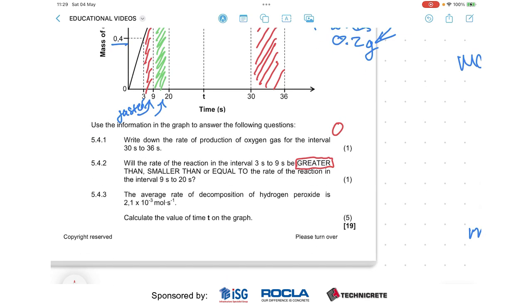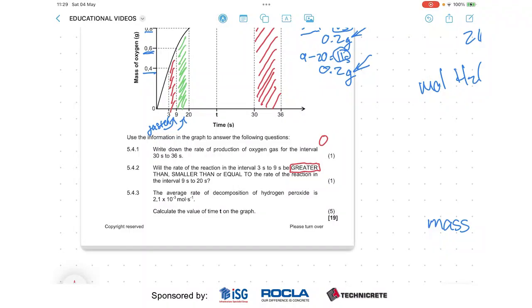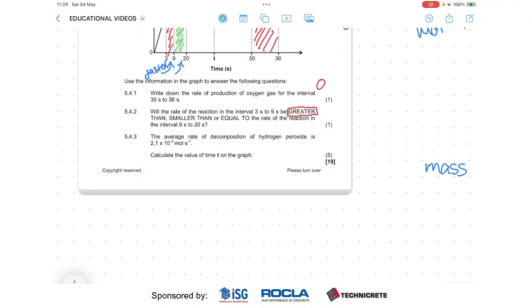All right, last question. The average rate of decomposition of hydrogen peroxide is that. Calculate the value of time t on the graph. So the average rate, okay, they want us to do some math. So the average rate is 2.1 times 10 to the minus 3 moles per second. Okay.